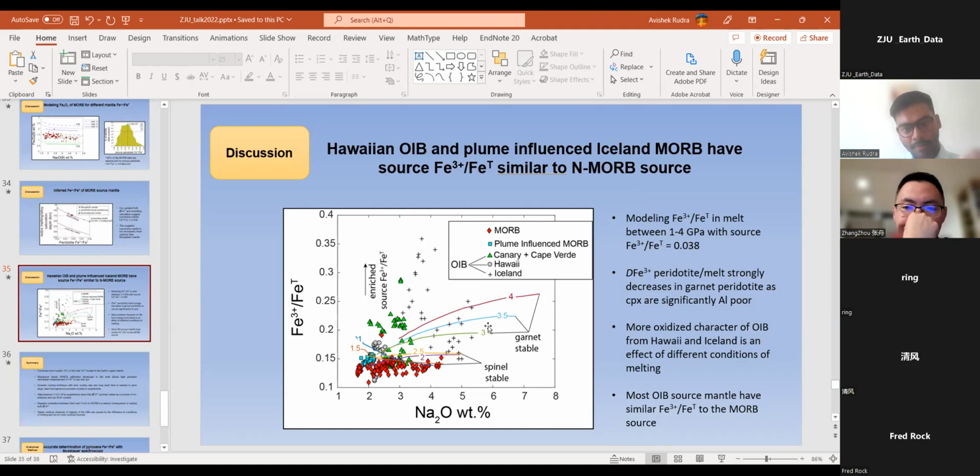So in presence of garnet, because garnet is taking out most of the aluminum, the bulk ferric iron partition coefficient between peridotite and melt is going down. Ferric iron is becoming more and more incompatible. So for the same degree of melting, let's say we melt a source 5% in presence of garnet versus in presence of spinel, you'll always have the melt having higher ferric iron if garnet is stable, because garnet is taking up most of the aluminum and the pyroxene is aluminum poor.